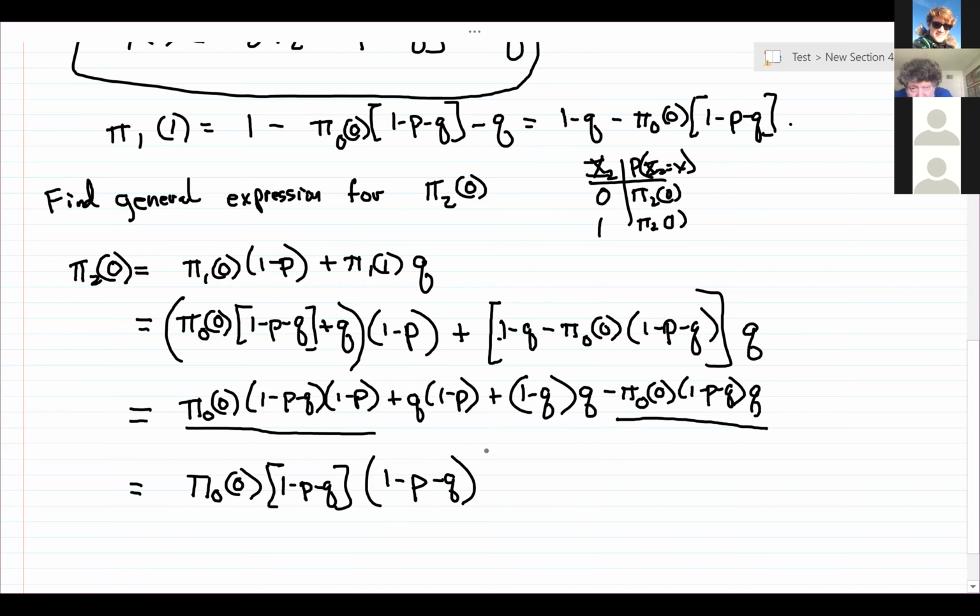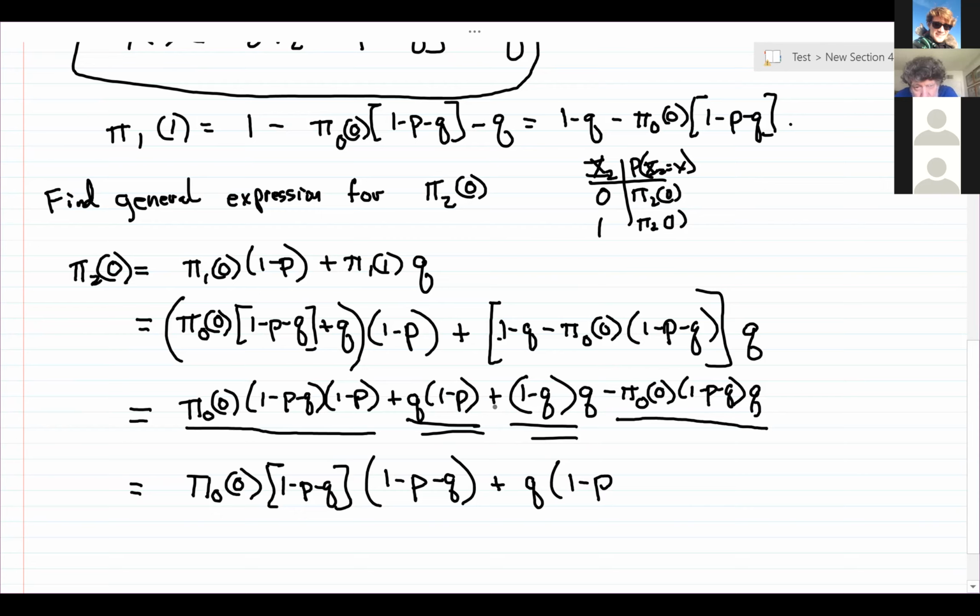And then what's left? Let's look at what's left. Are just these two terms. But they have a q in common, so I can factor out the q. And what's left is 1 minus p. Well, be careful.